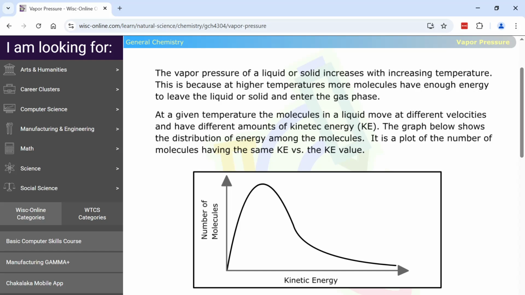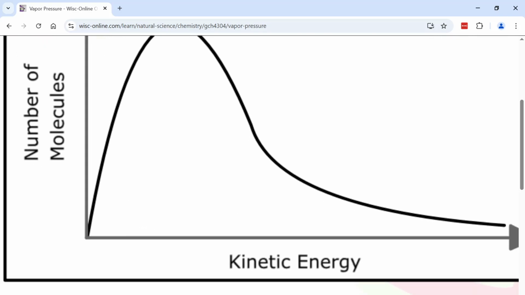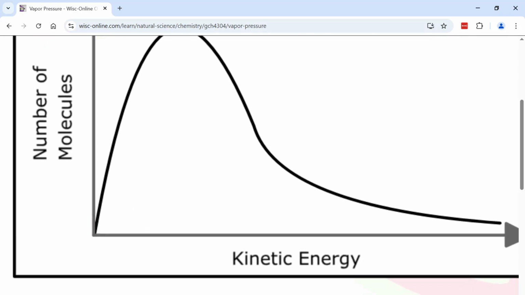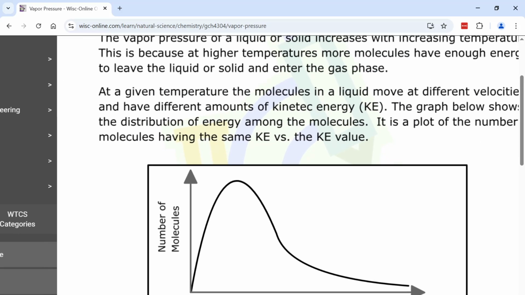Ooh, look what we have here. What kind of diagram is that? It is a kinetic energy diagram, also called a Maxwell-Boltzmann diagram. So it's a kinetic energy distribution, which is what we've been focusing on for the last few weeks.